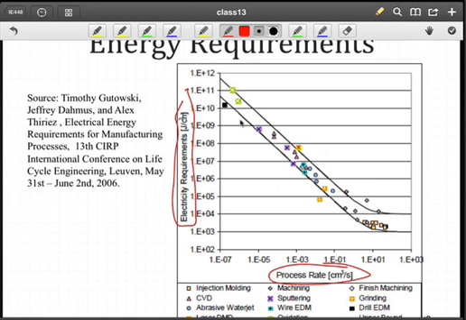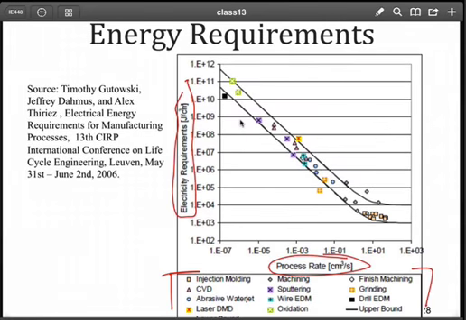Again, volume that we're transforming. It may be difficult to see this, but at the bottom here, a variety of common processes that are used to transform material. Now, the interesting thing is, as you can see here, this curve appears to be well behaved, primarily linear, and then it becomes asymptotic towards the end as the volume per second is increasing dramatically.